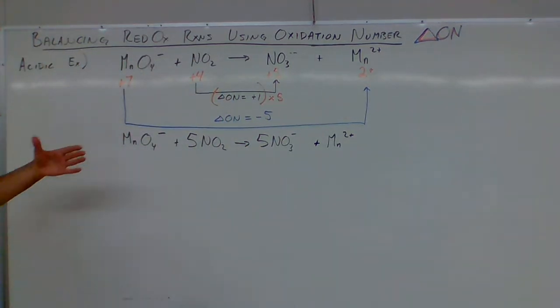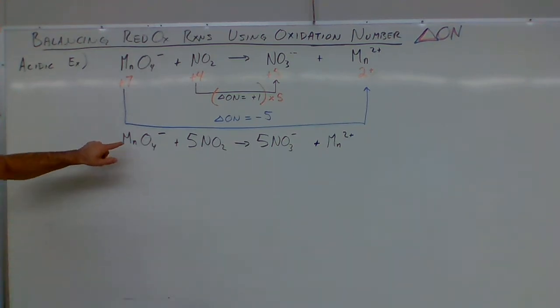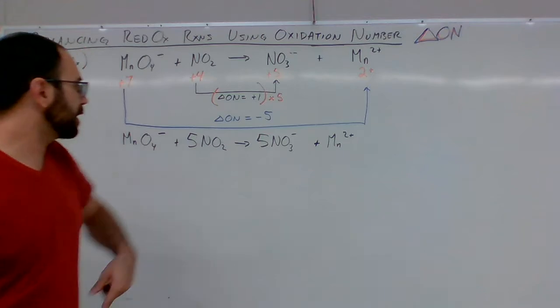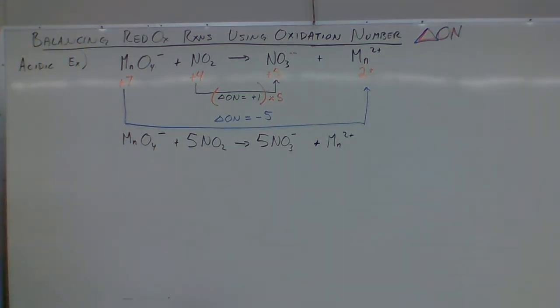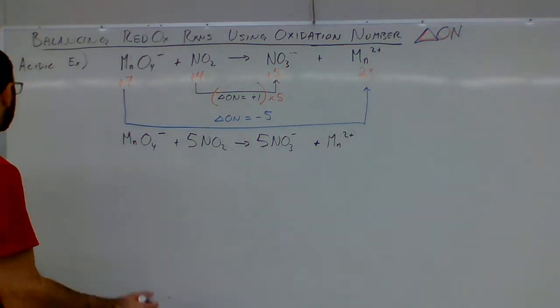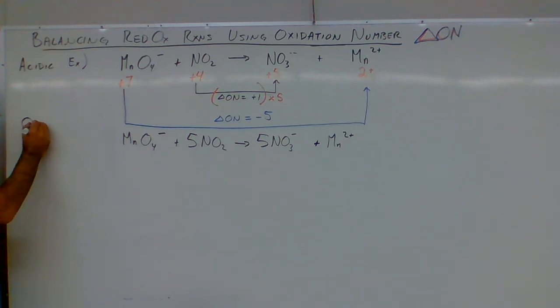Now we're just going to treat this like our regular reaction, and we're going to start off with those steps. Other atoms: I've got 1 manganese and 1 manganese. I've got 5 nitrogens and 5 nitrogens, so that part's okay. I then want to take a look at my oxygens. I'm just going to write this off to the side.